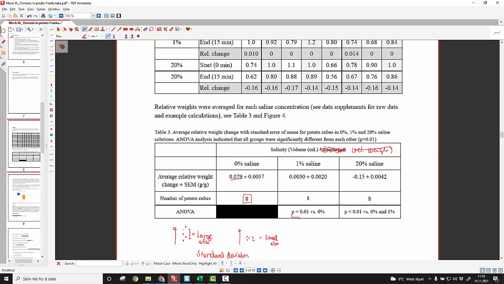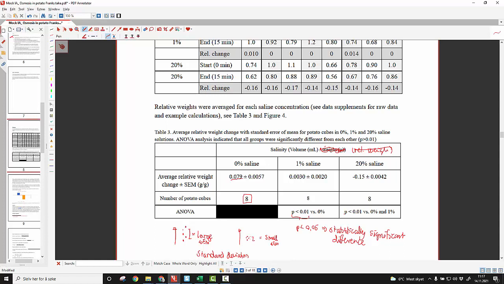it's significant. And you might wonder, what does that mean? Well, it means if you repeat the experiment, you are likely to find the same result. To be specific, if p is less than 0.01, it means if you do this experiment 100 times, you will get the same result, that the increase in 0% is larger than in 20%, 99 out of 100 times.